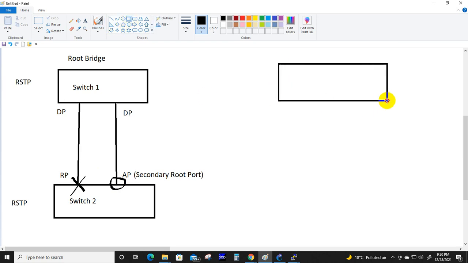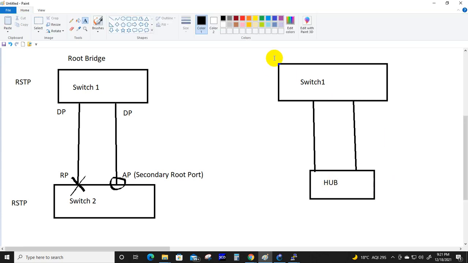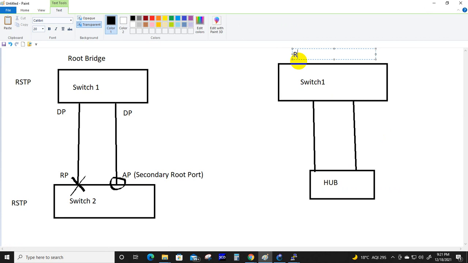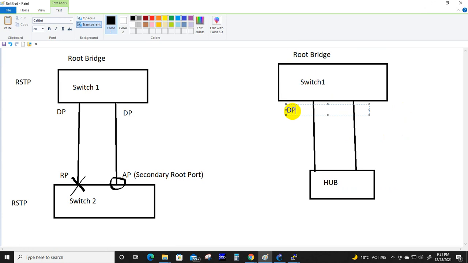Now consider what a backup port is. Consider this is switch 1 and this is a hub. Switch 1 will become the root bridge, and both of its ports become designated ports.